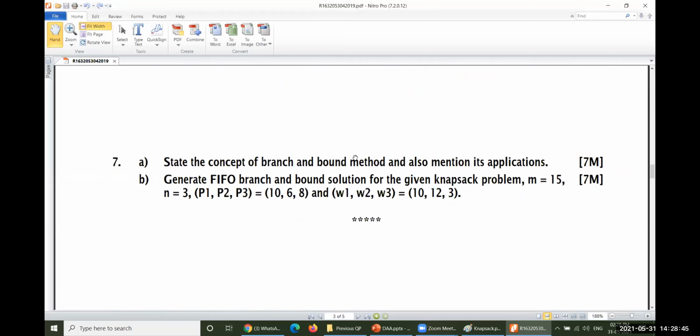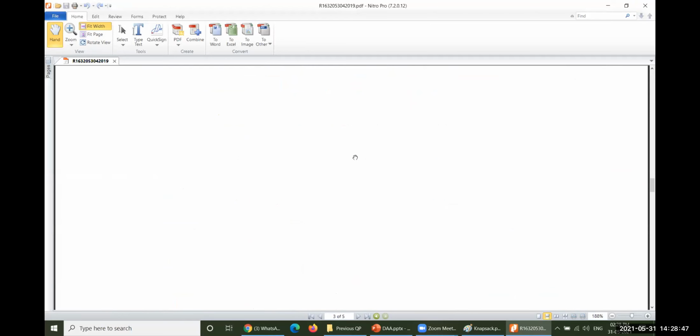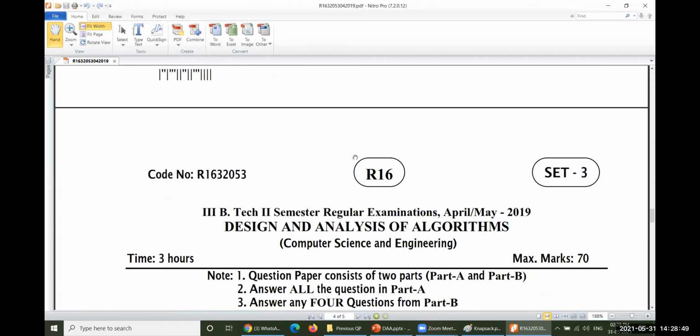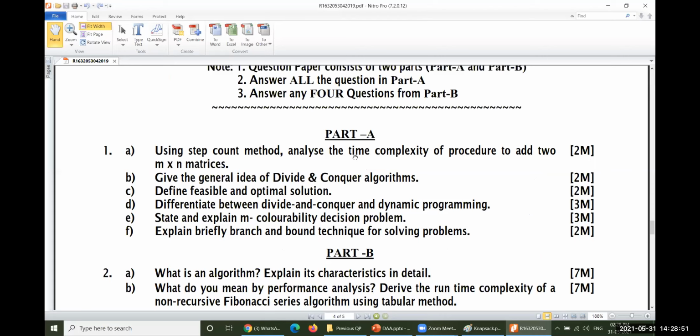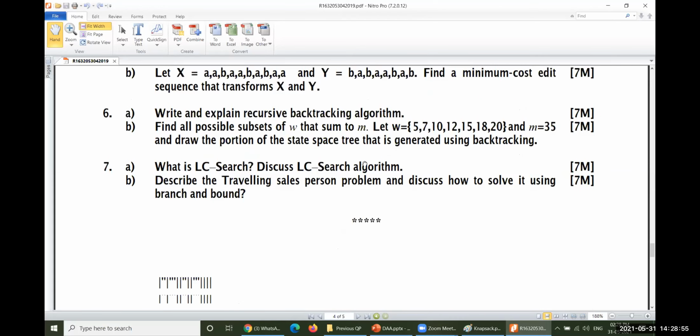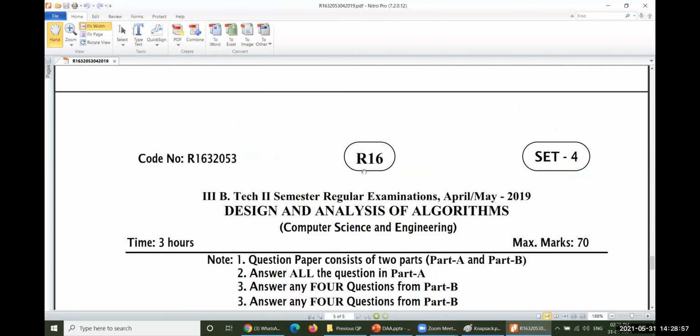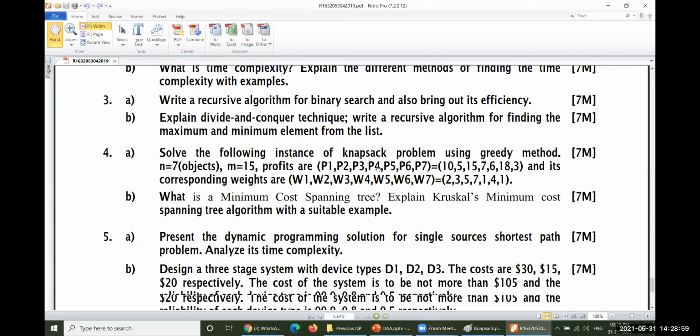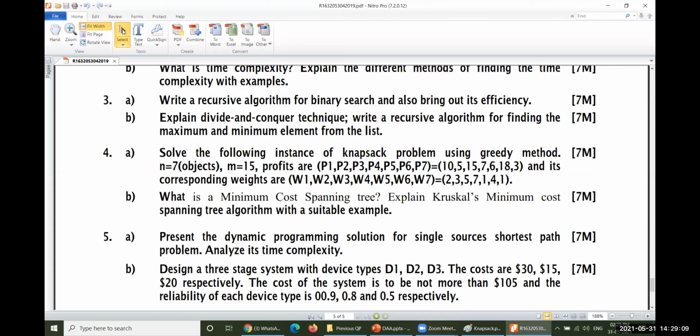Okay, one more. No problem is available. Yes, we got it. So for instance, knapsack instance and greedy method, number of objects will be 7.